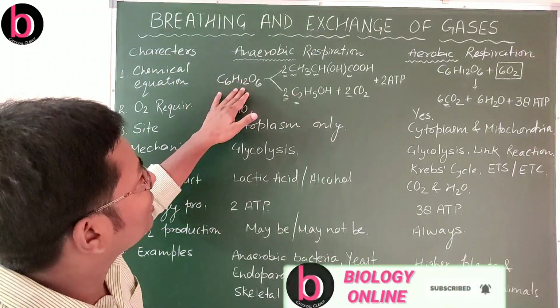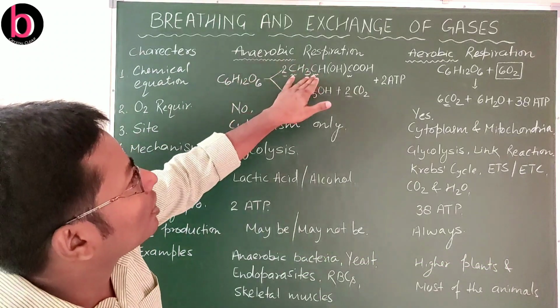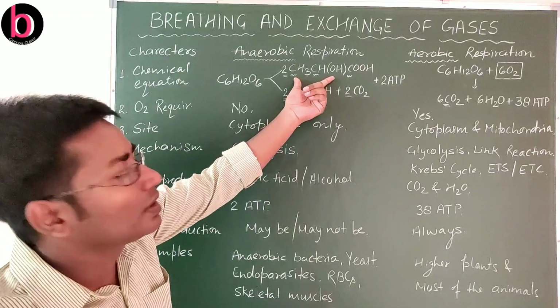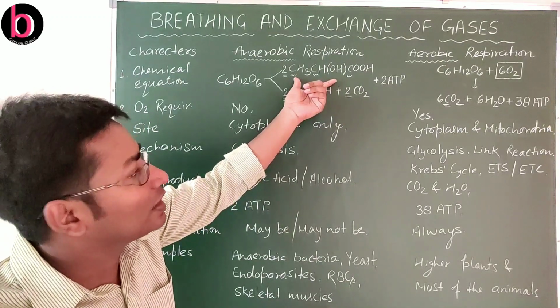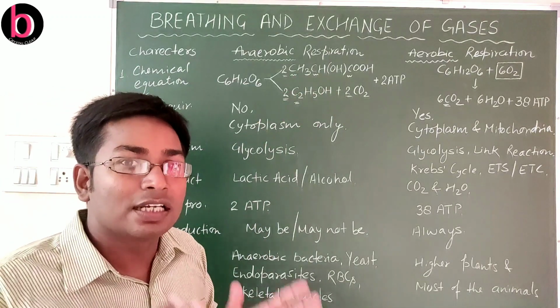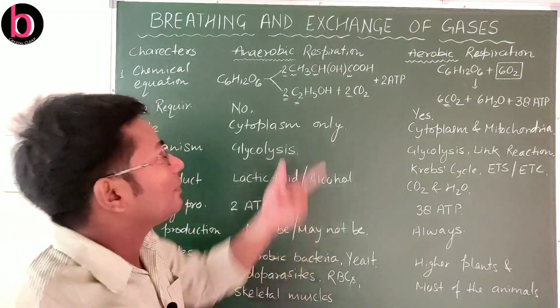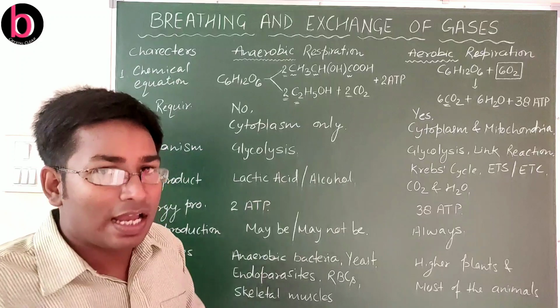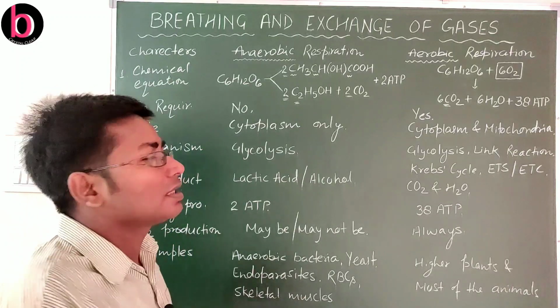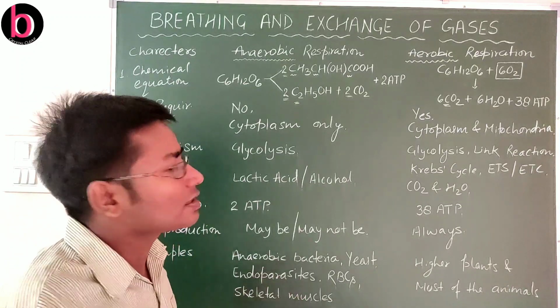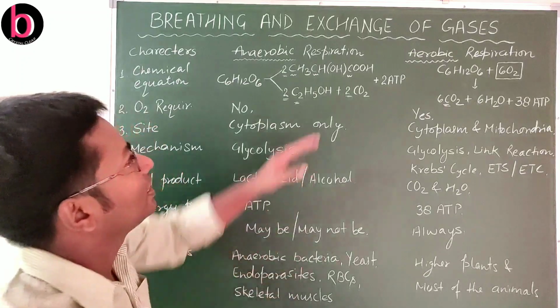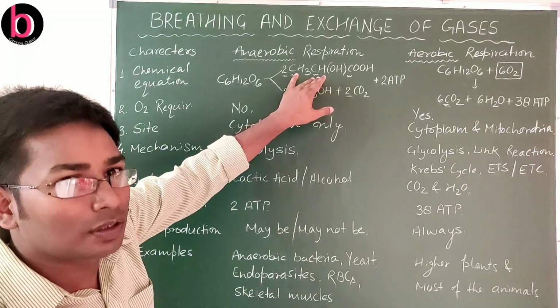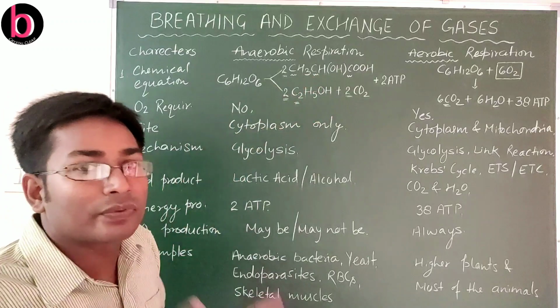In this case, glucose is getting oxidized into lactic acid. This lactic acid formation occurs in muscles, that may be skeletal muscles of human beings as well as muscles of other animals, which are endoparasites, as in the case of tapeworm and roundworm.